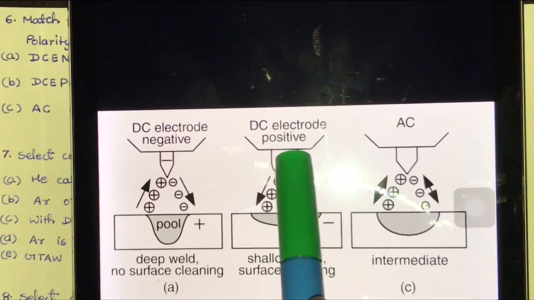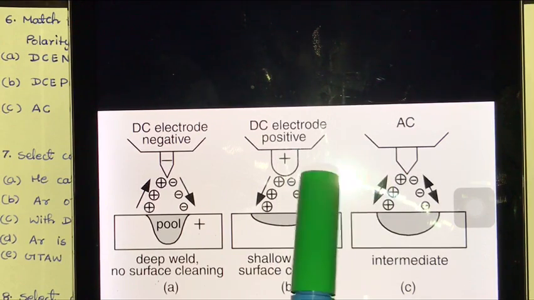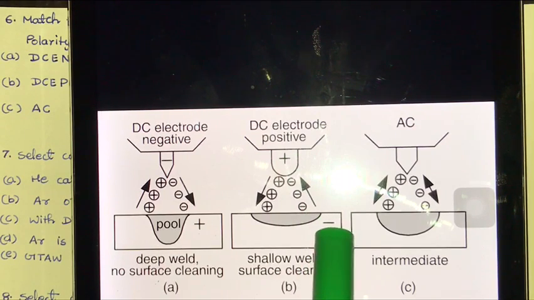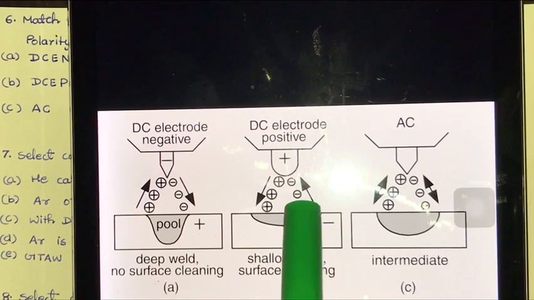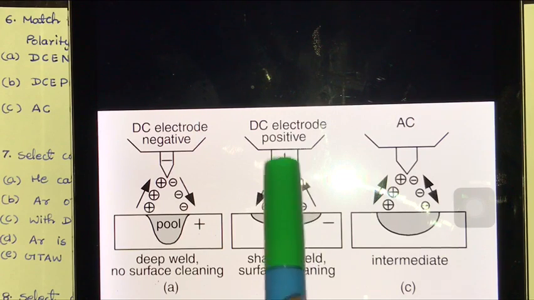Heating effect of electrons is now at the tungsten electrode. Here the electrons move from the specimen. Okay, the specimen emits the electrons, and they move and strike the tungsten electrode here.